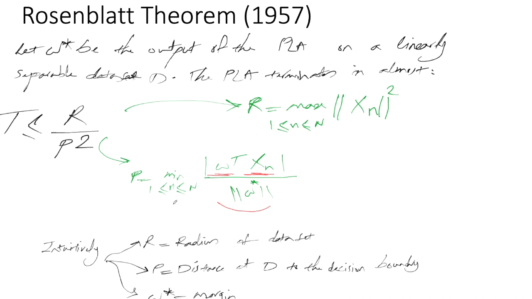So intuitively, you can see that R represents the radius of our data set, and P is the distance, and W star is the margin. So this is an upper bound on the number of iterations a PLA has to perform in order to terminate for a linearly separable data set, and you're going to see the proof in your tutorial sessions.